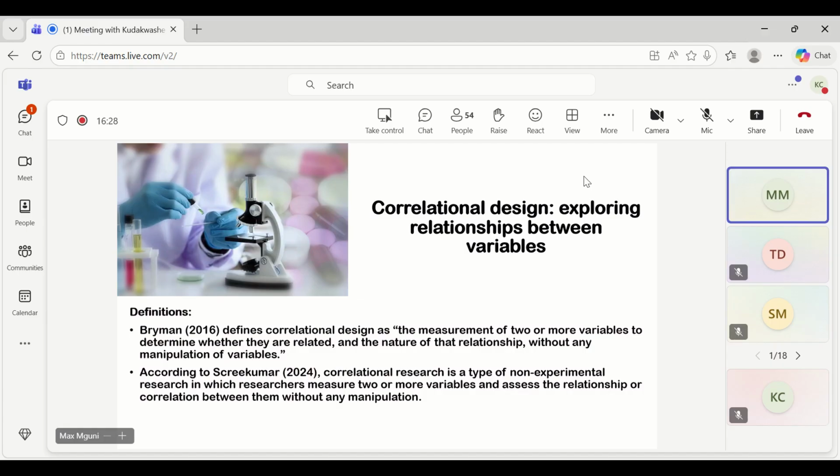According to Skrikama, in 2024, correlational research is a type of non-experimental research in which researchers measure two or more variables and assess the correlation between them without manipulation. As you can see, these definitions speak to each other. We are looking at the link between two variables, and we are not manipulating those variables. We are just viewing them as they are.